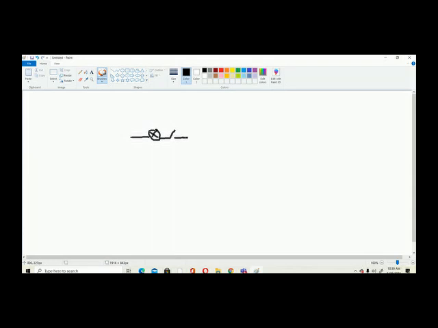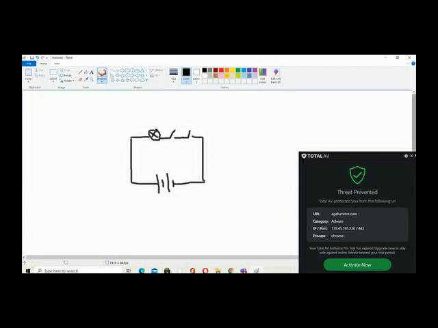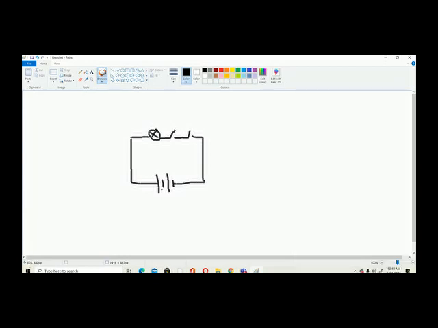Then here you have the batteries. We say there are two batteries.